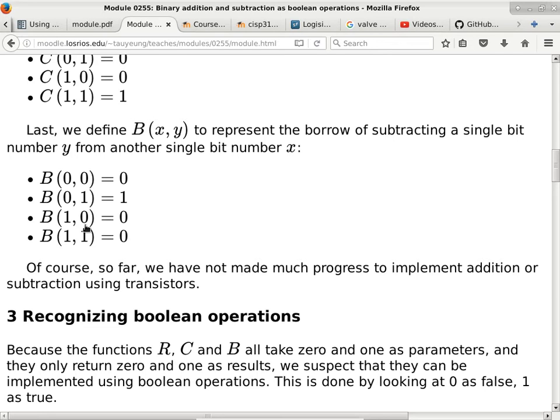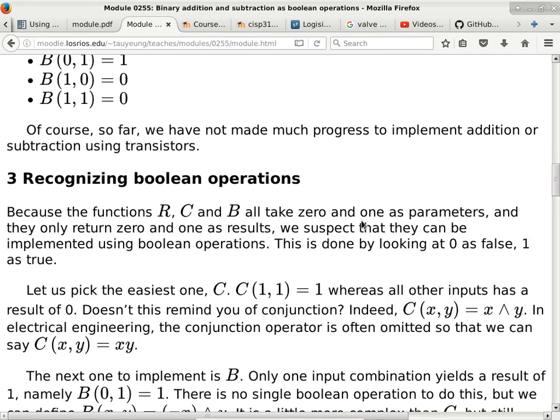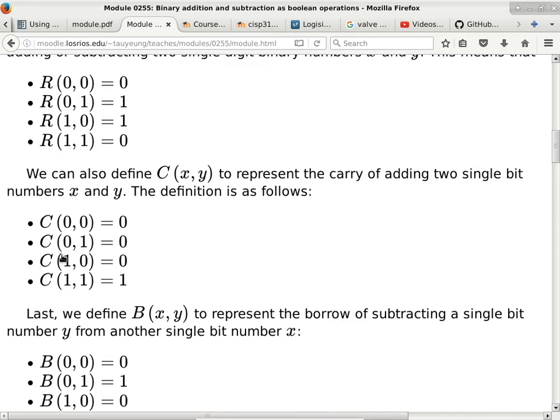So I'm going to make the bridge. We have about 6 minutes left, and that's what I need to bridge the gap. To bridge the gap, the easiest one to look at is the carry. When you look at the carry function, 0 blah 0 is 0, 0 blah 1 is 0, 1 blah 0 is 0, 1 blah 1 is 1.